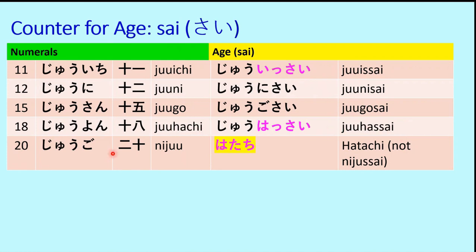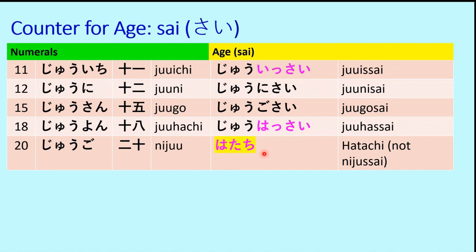And 20 is the most important one, because the numeral 20 is niju, but when it comes to age, it is not nijusai, but it is hatachi. Hatachi is the complete word for 20 years old.